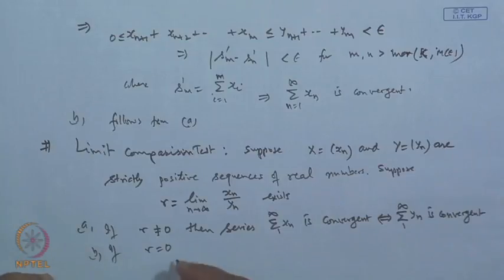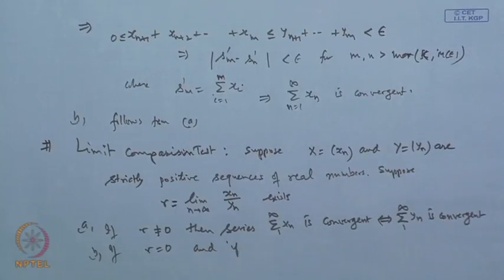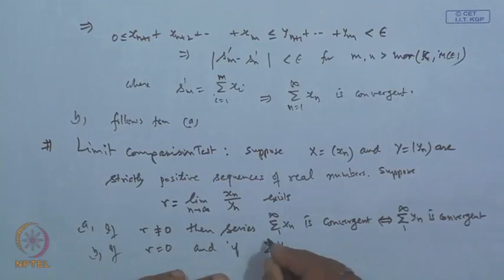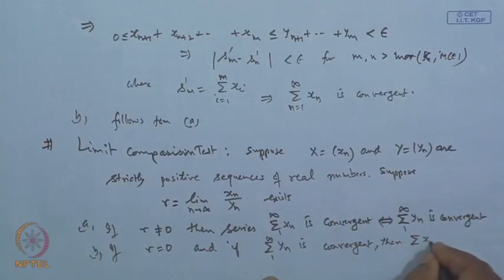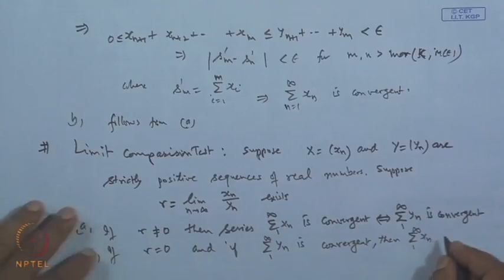Then if r is 0 and if sigma y_n is convergent, then sigma x_n, 1 to infinity is convergent.